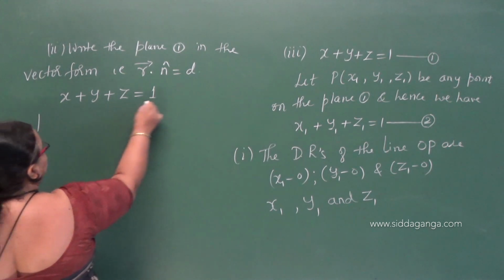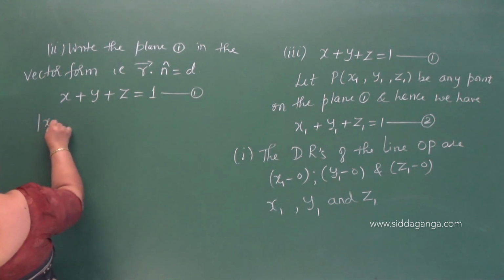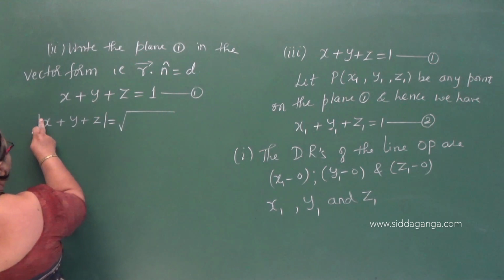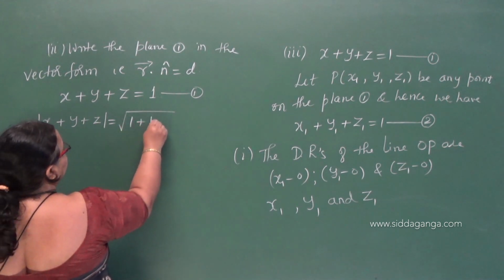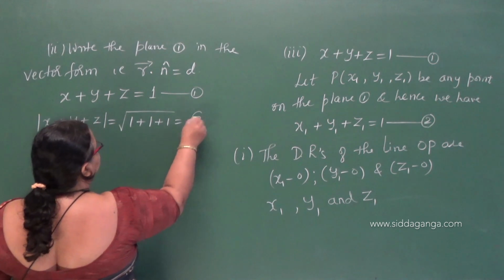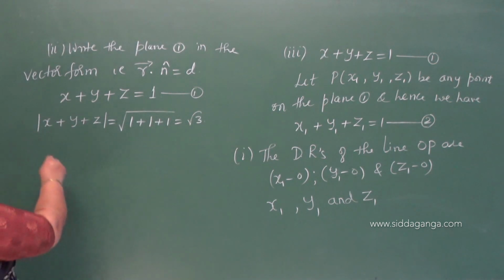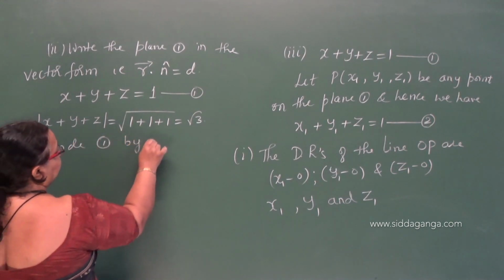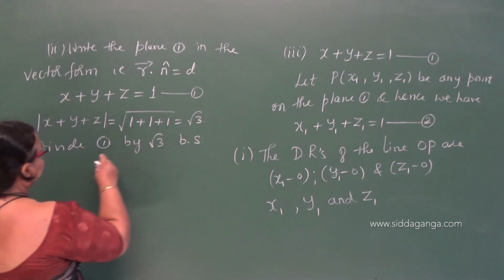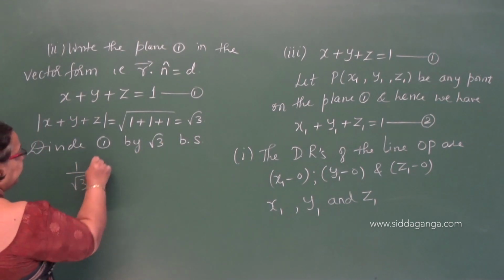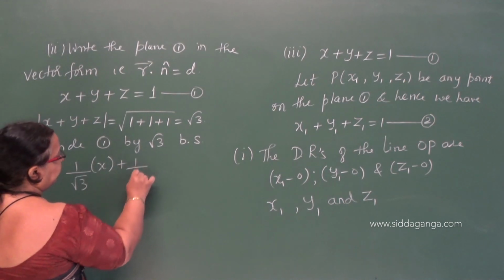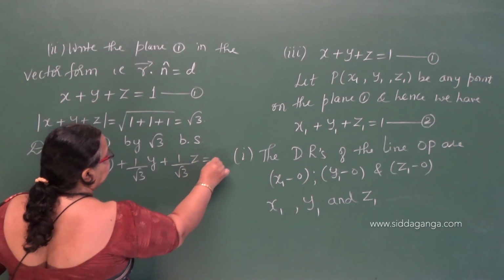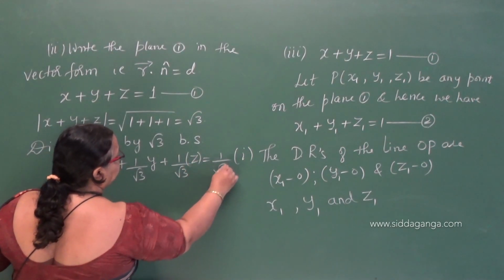Here the magnitude of x plus y plus z is equal to root of 1 into x, that is 1 square is 1, again equal to root 3. Now you divide equation 1 by root 3 on both sides. Then we get 1 by root 3 into x plus 1 by root 3 into y plus 1 by root 3 into z equal to 1 by root 3.